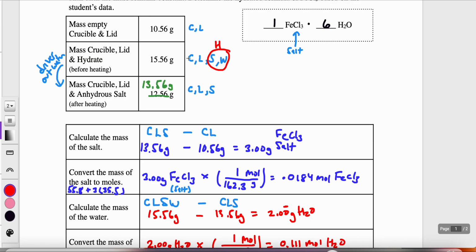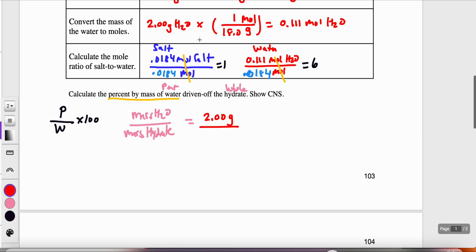So this is the mass of the crucible, lid, and the hydrate, which is the salt and the water both present. And then I need to remove the mass of the crucible and lid. So the mass of the hydrate equals the mass of the crucible, lid, salt, water minus the mass of the crucible and lid.